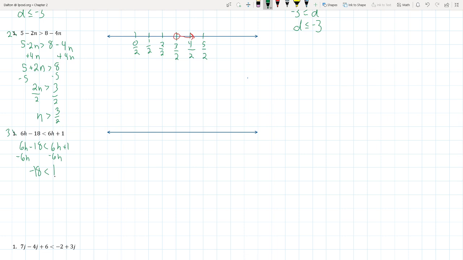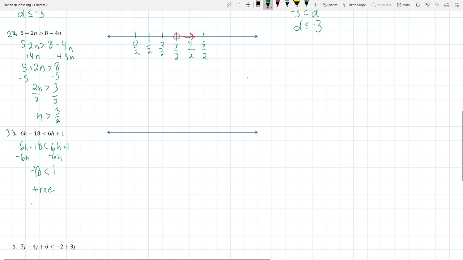Is negative 18 less than 1? And hopefully your answer is yes, it is. This is a quote-unquote true statement. And what that means is whenever we look at that, we kind of think about it and we say, hey, is there any point in time when negative 18 is not less than 1? No, there isn't.